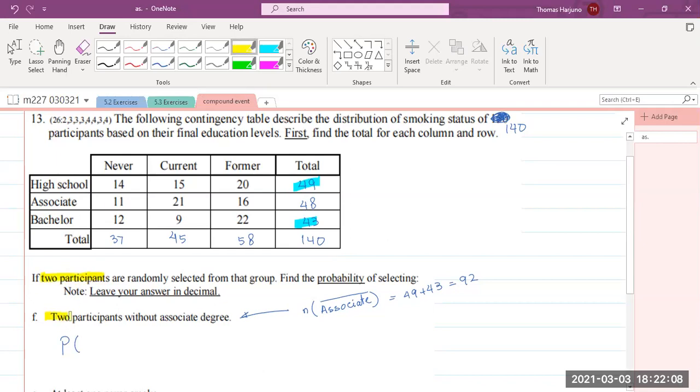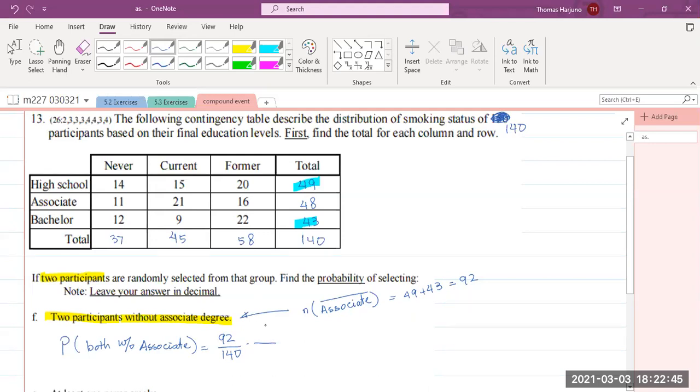Now, what is the probability that both, you select 2 people, without associate degree? The first one without associate degree, that's 92 over 140, right? For the first one. Now then, after you get that person without associate degree, what is the probability the next person that you select is also without associate degree?